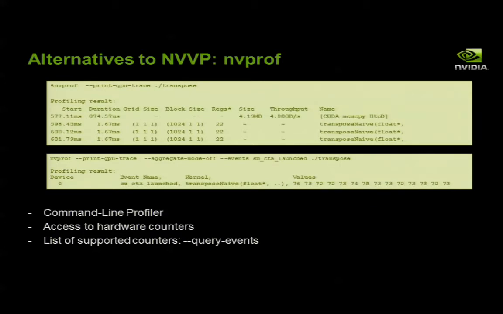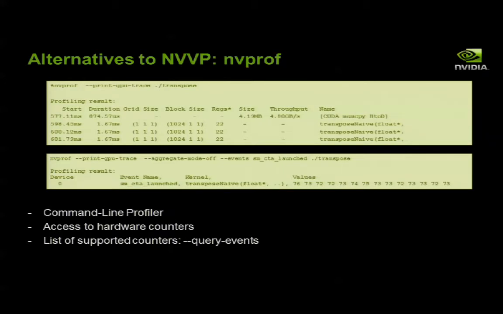For instance, what we looked at here: you can monitor individual events, individual performance counters. And what we looked at here is the number of blocks that were executed on each one of the streaming multiprocessors.